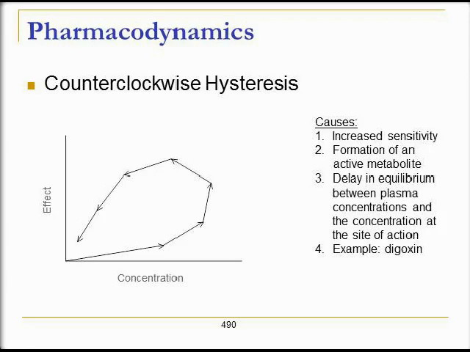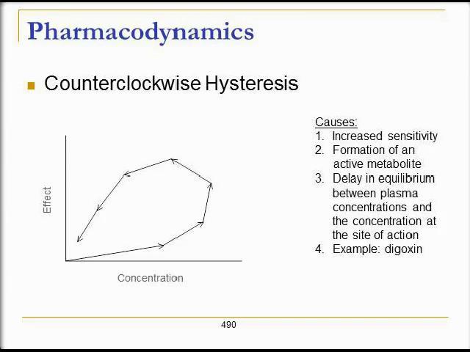And so you can see early after the dose, follow the arrows to know whether you're early or late. Early after the dose, you can see that a relatively high concentration has a small effect. But then if you wait longer, what happens is that same concentration has a greater effect. So counterclockwise hysteresis is when the concentration, late after a dose, has an effect that is greater than it does soon after the dose.